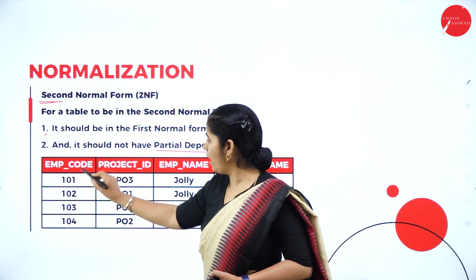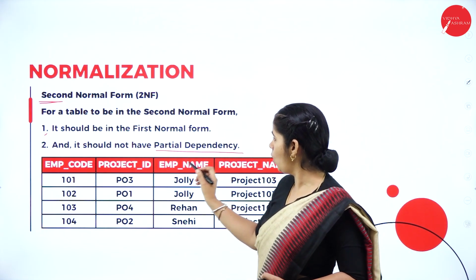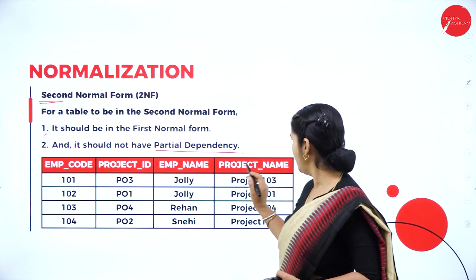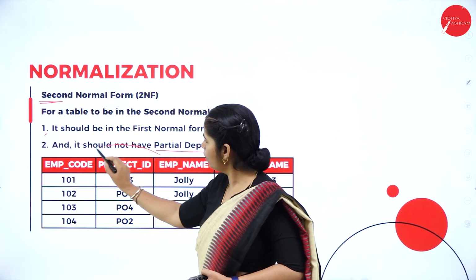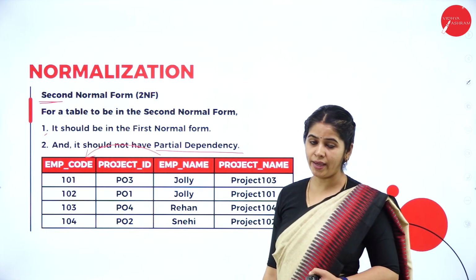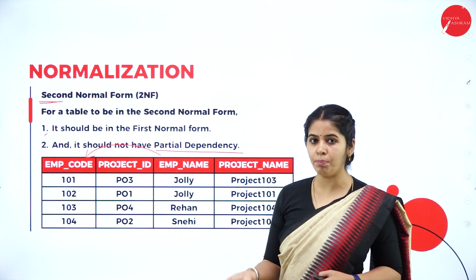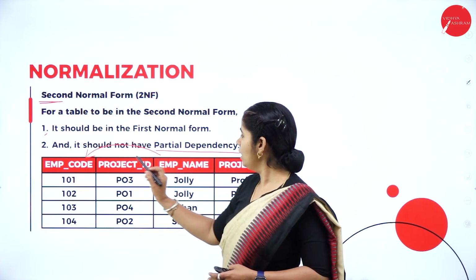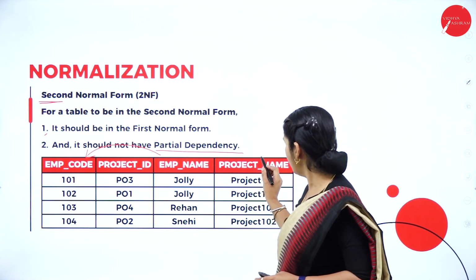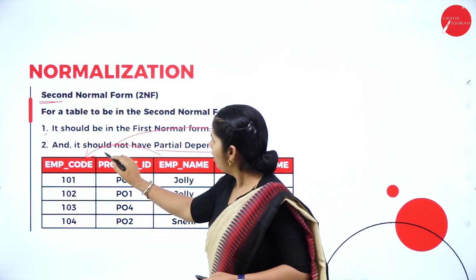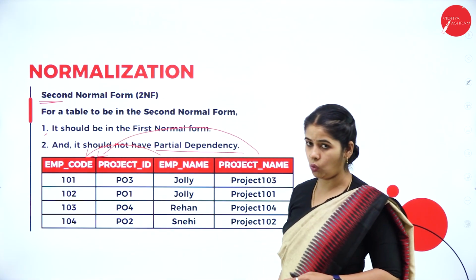Here we have employee code, project ID, employee name and project name. Here employee name is dependent on what? Employee code. That is complete dependency. Each employee having his code. And here project name does not depend on employee code.